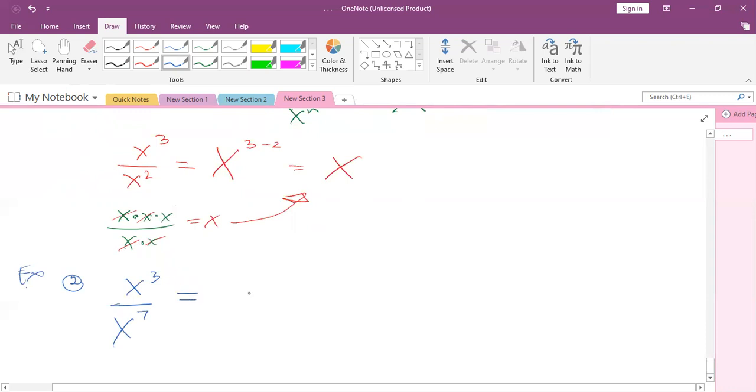So the quotient rule says to write down the base, then the top exponent 3 minus the lower exponent. So we end up with x to the power -4. So this is a negative exponent, right? Now I'm going to show you the negative exponent rule very soon. When you have a negative exponent, it says to take the reciprocal of the base.